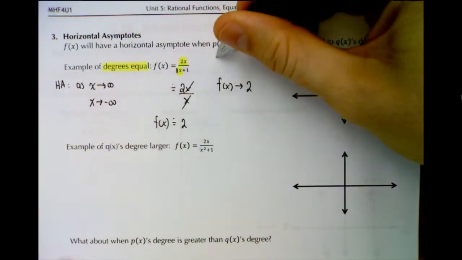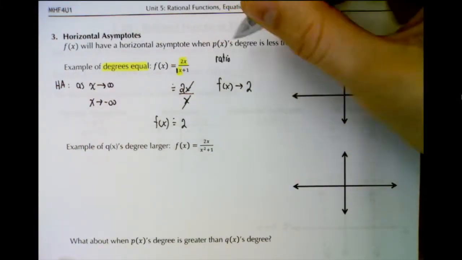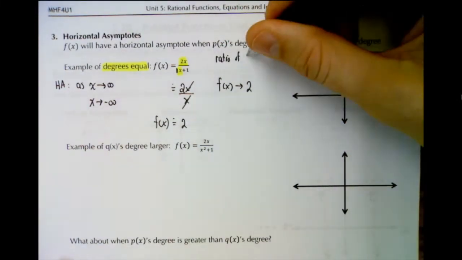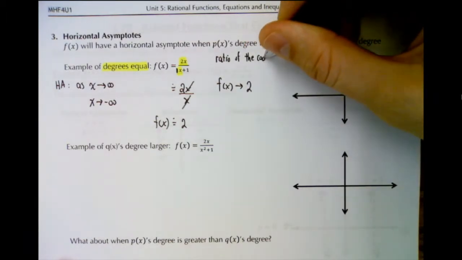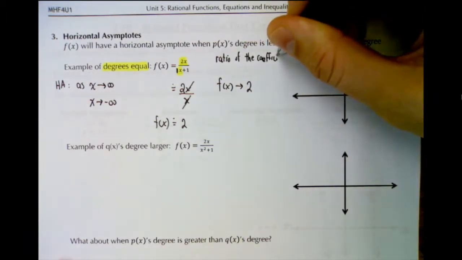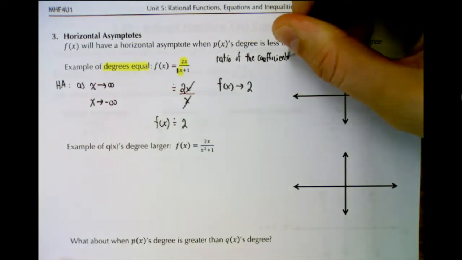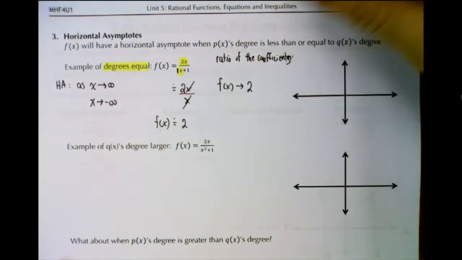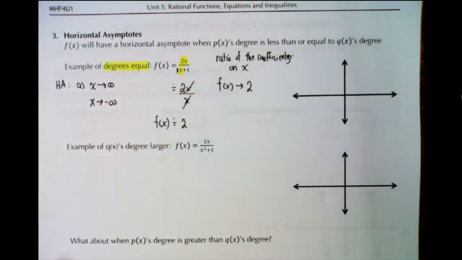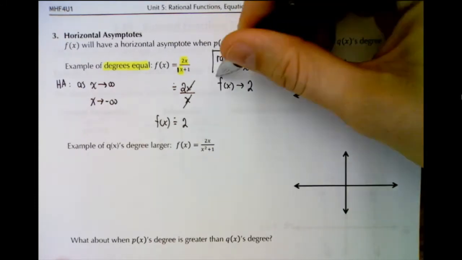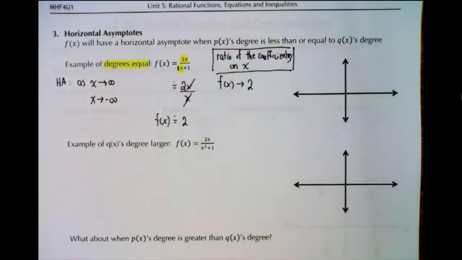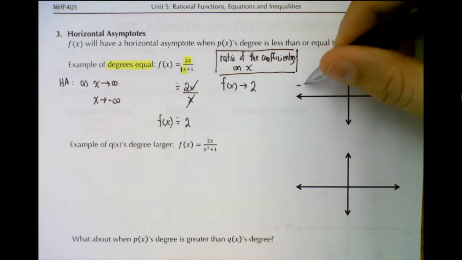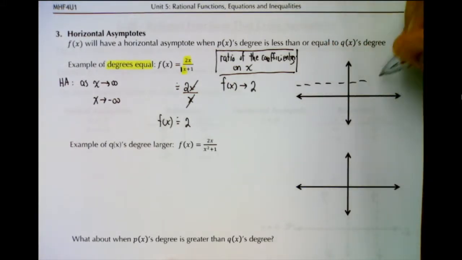We take the ratio of the coefficients on x. And in this case it's 2, so we would have a horizontal asymptote with the equation f of x equals 2.